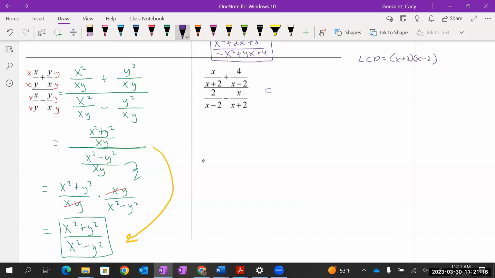So I'm trying to get in the numerator, so first I'm just going to focus up top here. I'm trying to get an x plus 2, x minus 2 in both of those denominators. So on the top left here, you see I already have an x plus 2. So now I will go ahead and multiply top and bottom by x minus 2.